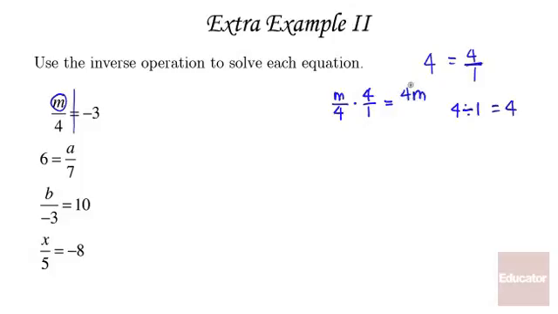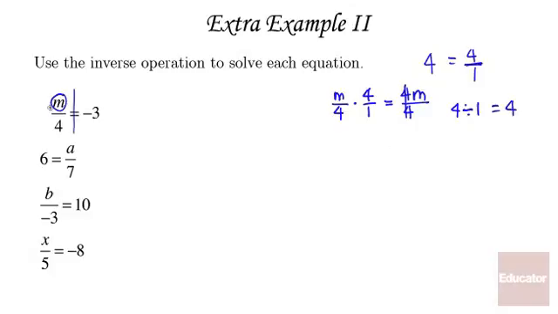Remember, if you have a number times a variable, you can just write it together like that. Over, and then this number times 1, which is 4. Now, if you have the same number on top as the bottom, they will become 1, right? 4 divided by 4 is 1.